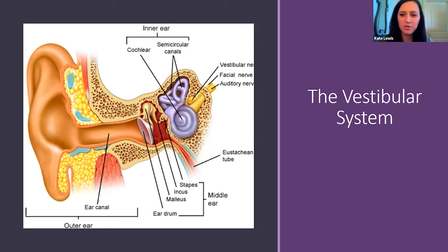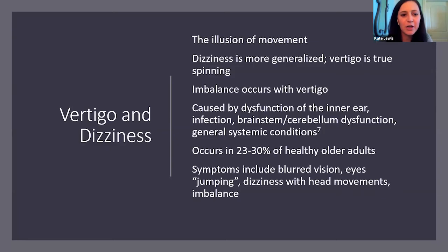I've tried to include pictures because it can be kind of confusing. But a fun fact about the vestibular system is that it's so small, it could fit on the face of a dime. It's pretty interesting that something that small can have such a profound impact on our day-to-day lives.